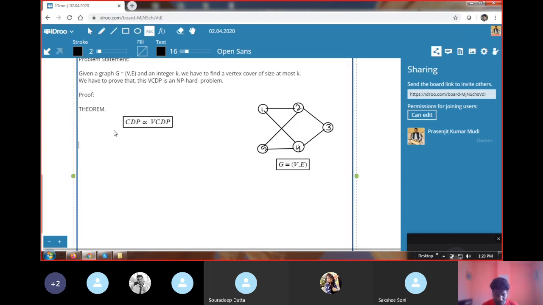Clique decision problem. So let k be an integer problem instance, and small k, please note it down.